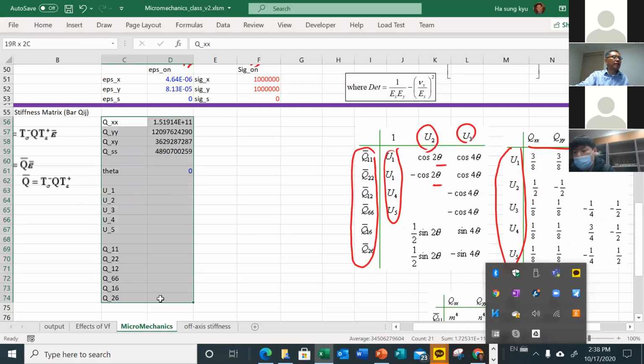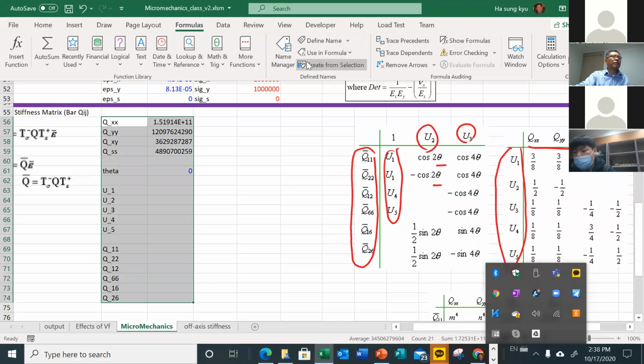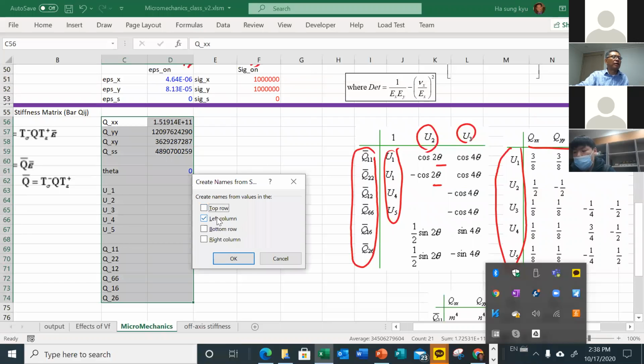Now let's define this much and give them a name. Create from selection, create names from left column.